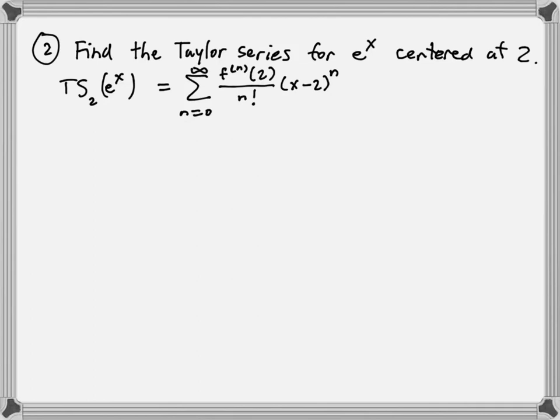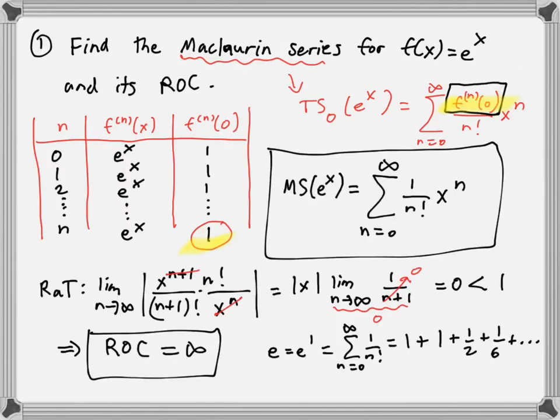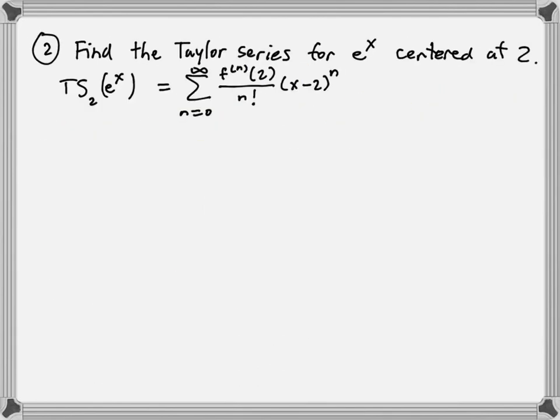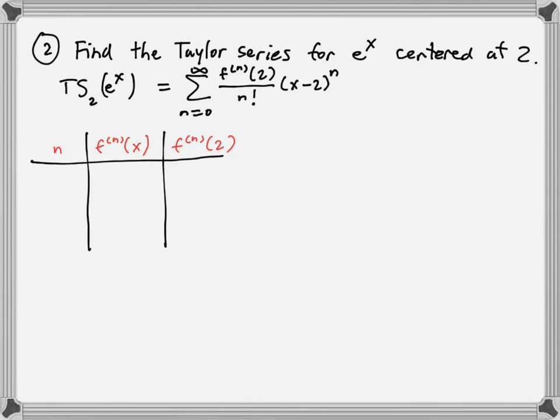Okay, but of course, we need to make our derivative table so that we can try to figure out our pattern here. So I'm going to do a derivative table just like the one I did here. So I'm going to have n, and then f^(n) of x, and then we're going to plug in 2, so f^(n) of 2, starting with n equals 0.